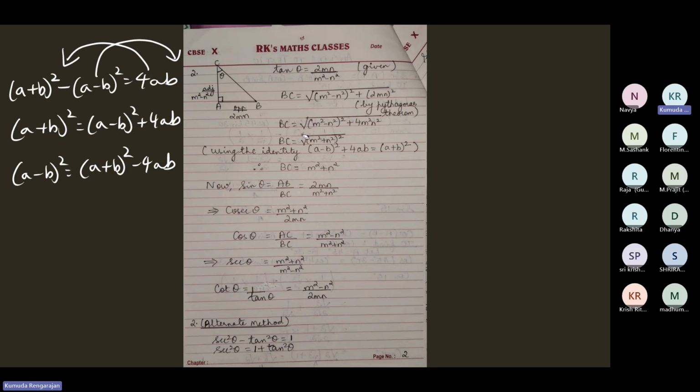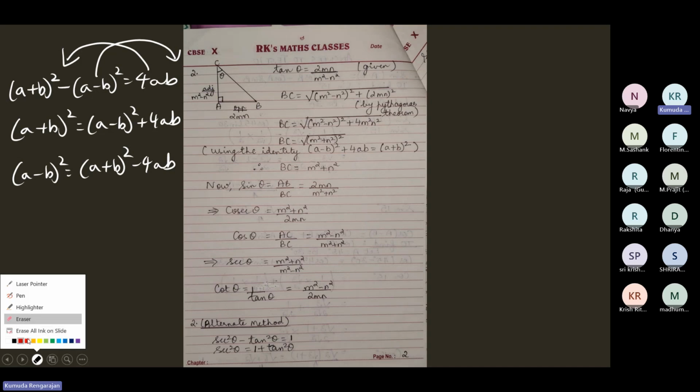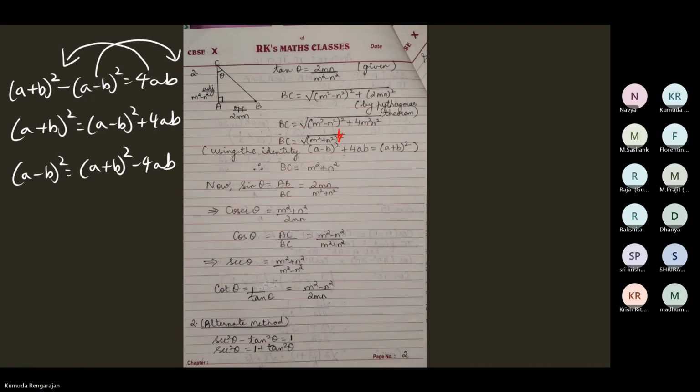Square root of a minus b the whole square plus 4ab is the square root of a plus b the whole square. You can see I've mentioned the identity here. So now the square and the square root get cancelled. So we have BC is equal to m square plus n square. BC, this one, is m square plus n square.